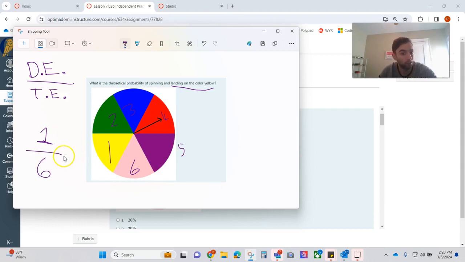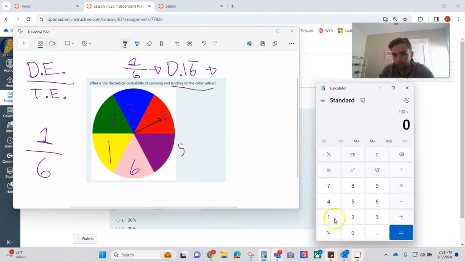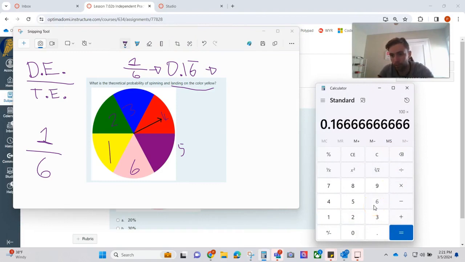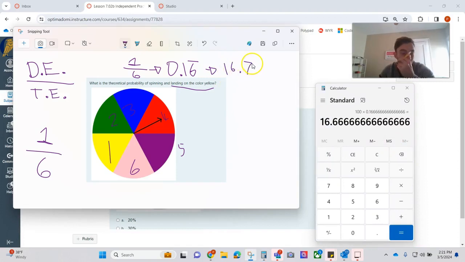What's that as a percent? Well, I can turn a fraction into a decimal by doing top number divided by bottom number, 1 divided by 6, which is 0.16, repeating forever. And then I can turn that into a percent by timesing that by 100. 16.6, or 16.7 if I round.